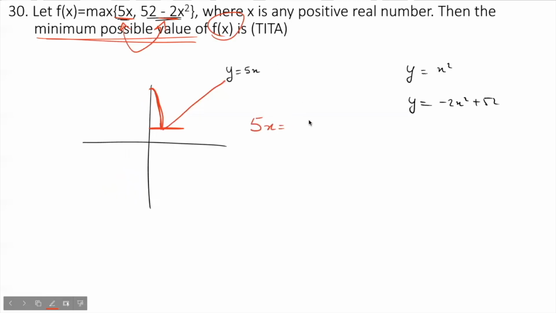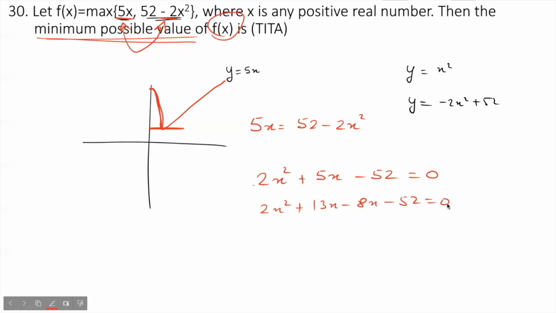So 5x will be equal to 52 minus 2x square. So you will get 2x square plus 5x minus 52 is 0. It's a quadratic equation. It can be solved. 2x square plus 13x minus 8x minus 52 is 0.